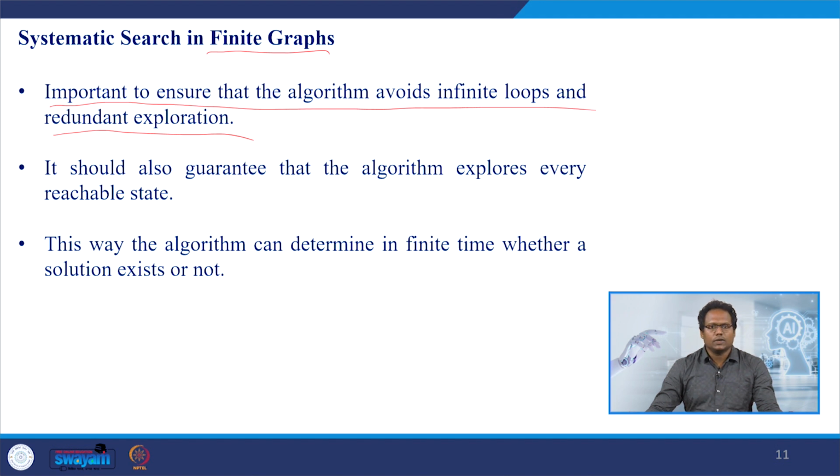It should also guarantee that the algorithm explores every reachable state in the state space. This way, the algorithm can determine in finite time whether a solution exists or not.